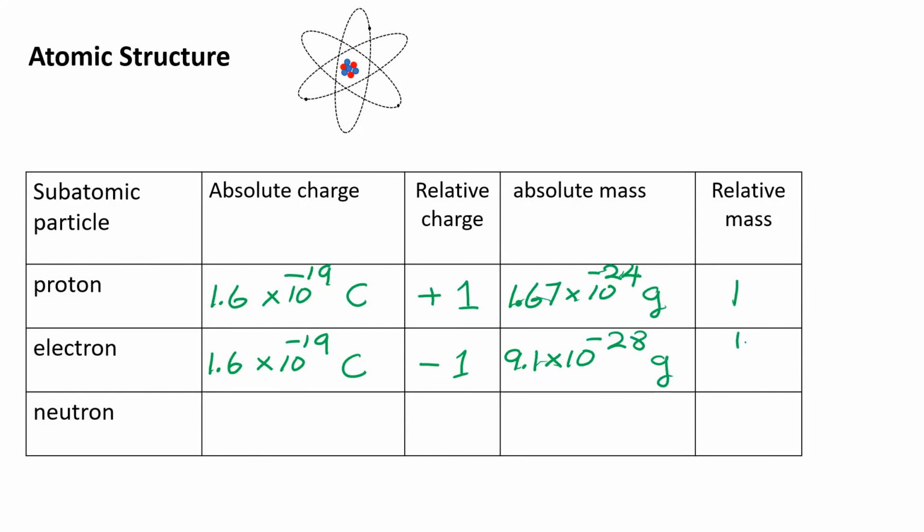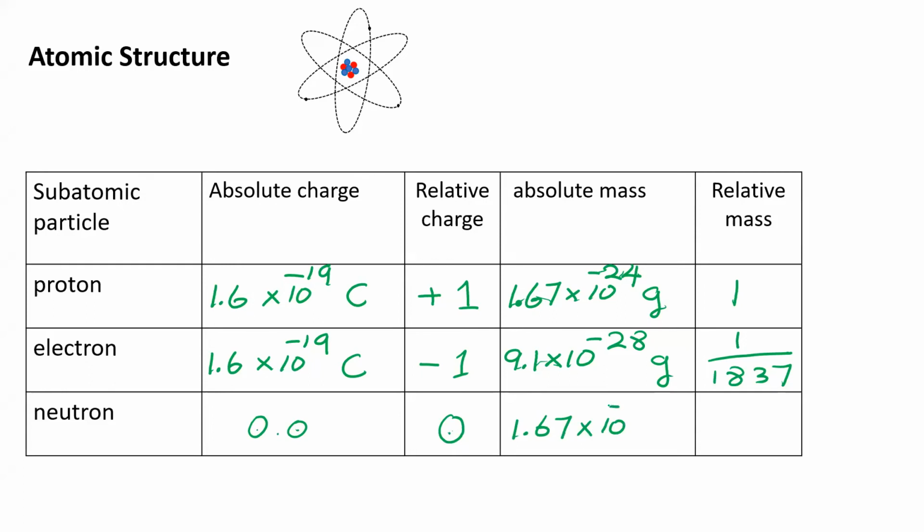And this is roughly this kind of a fraction. And what do you think the absolute charge is for the neutron? There is no charge, and it has no relative charge, and its mass is pretty close.